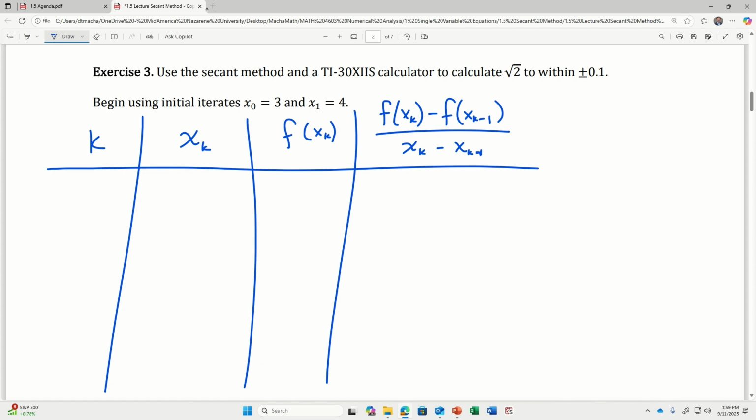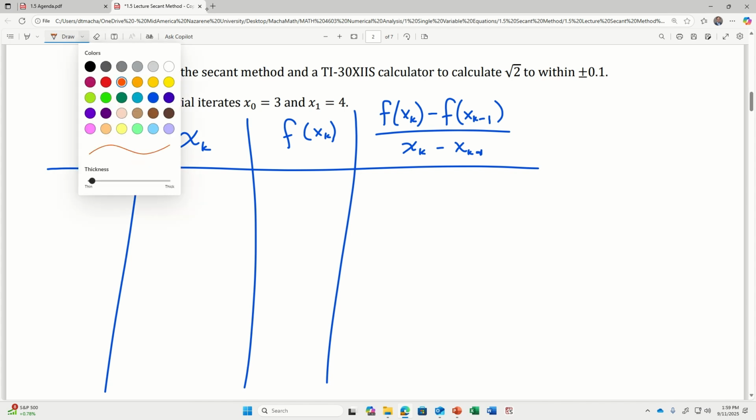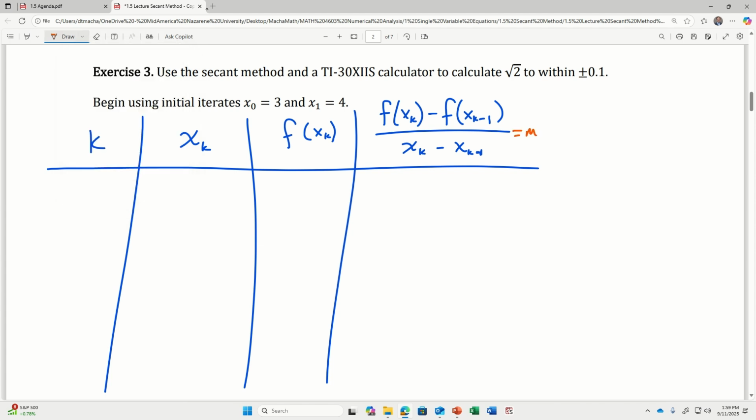Okay. Right? And then I have to take the formula, right? Let's say this is m. My secant method formula would be xk plus 1 is equal to xk minus f of xk divided by m. I know that looks different, but hopefully you see that's equivalent. I think I shifted the index by 1 maybe.